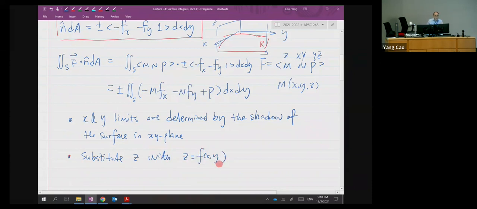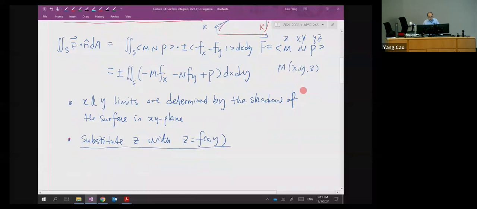That's an expression for the surface you're dealing with, the surface you're calculating the flux out of, either this way or the other way. So these two are the key points to make sure you can actually obtain a result of this surface integral. I should probably write the second one first. First, you substitute z with z equal to f of xy, then you find the limits, and then you carry out the double integral.